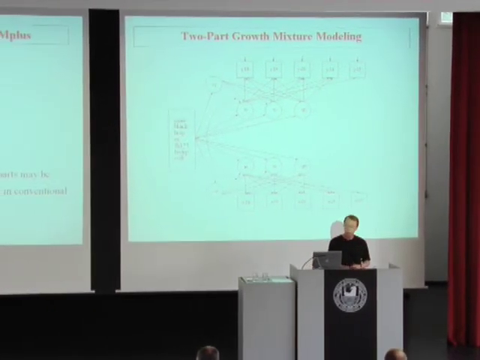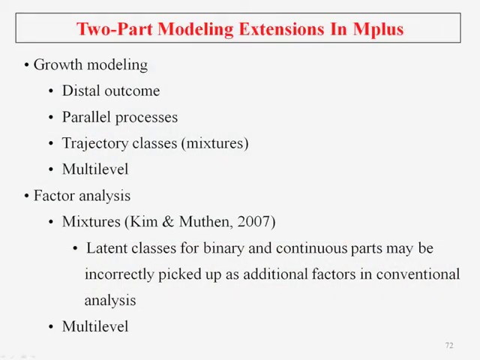So we have the extensions of two-part modeling with distal outcomes. It can actually be parallel process two-part, so it'll be 4 processes going forward, say. And you can have mixtures, as we talked about. You can also generalize it to multilevel.